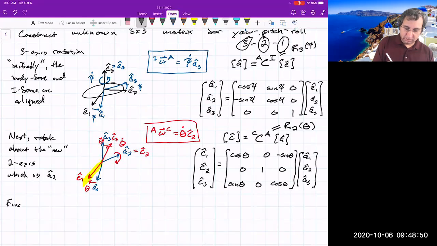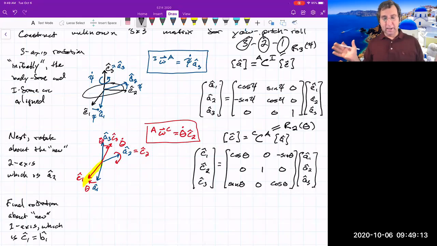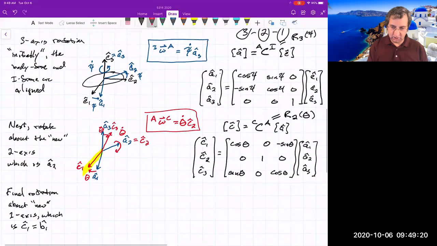So the final rotation is about the new number 1 axis, which we call C1, but it'll also be the body fixed frame axis, which is B. Okay, so now let me try to draw a sketch of this.